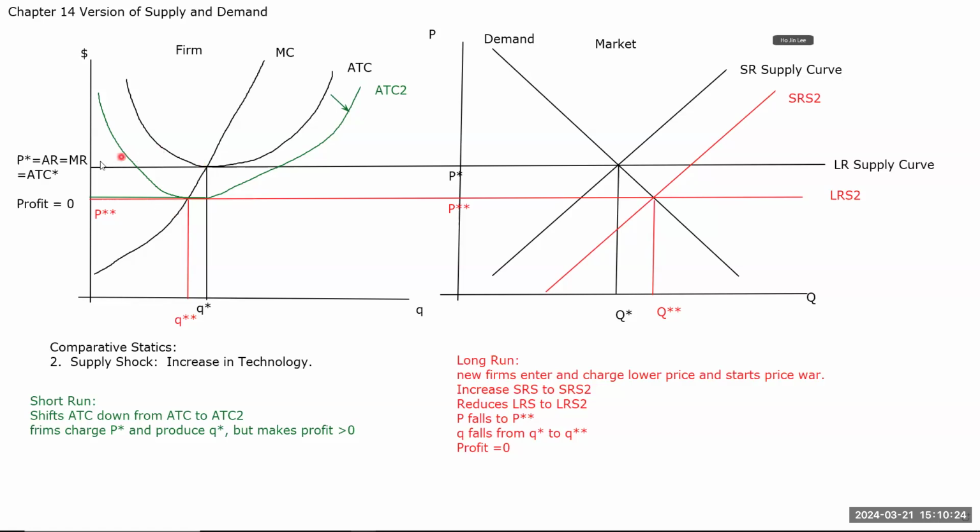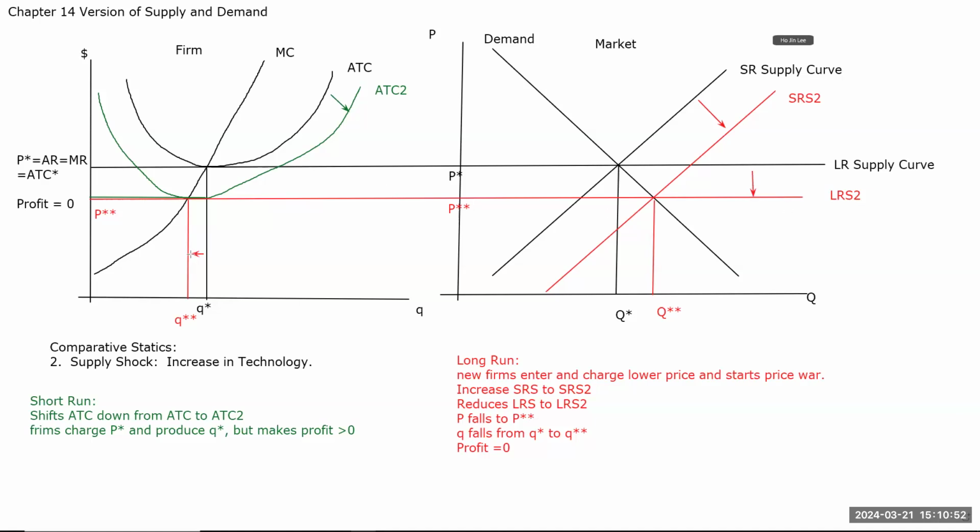Okay, so in the short run, we're maintained up here, and firms are making this profit. But in the long run, new firms enter, shown by a shift in the short run supply curve. And because of the price war, there's a shift downward in the price, or the long run supply curve, as well.